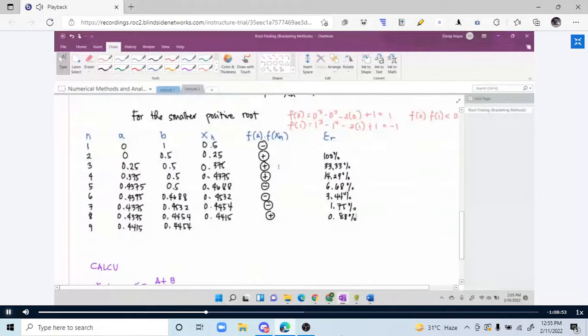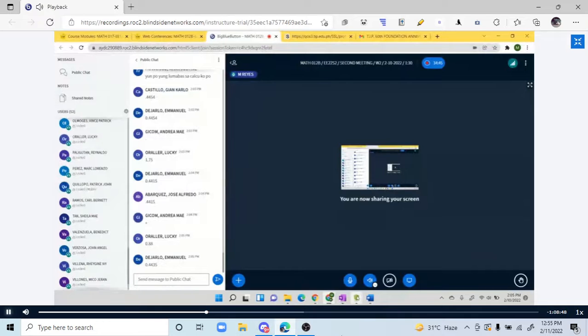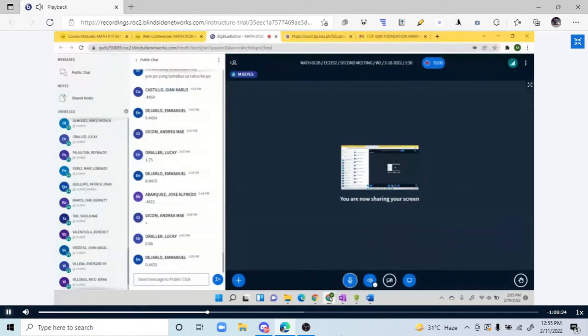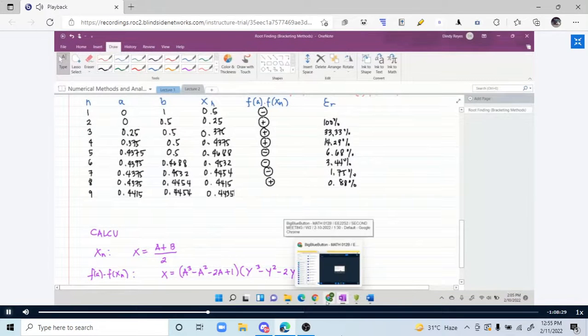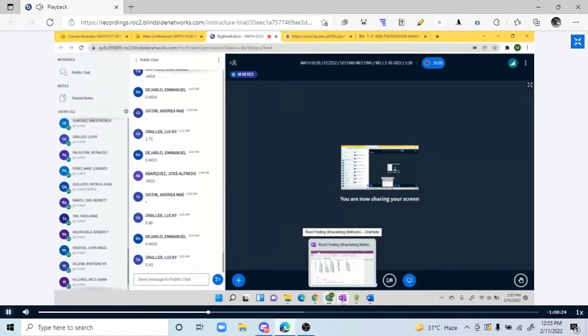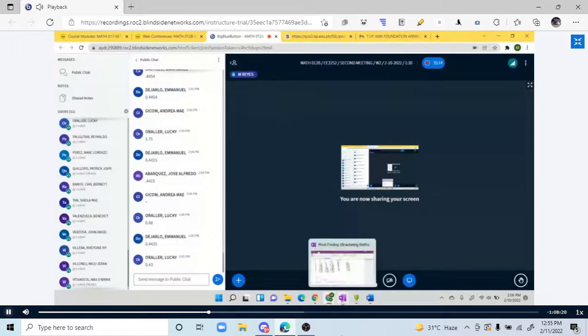Maybe it's just one last iteration before we get to the requirement here: less than or equal to 0.5%. What is x sub 9? 0.4435. Check first the relative error, because if we have already satisfied the stopping criterion, then this is not important anymore. Relative error is 0.40, 43? 45?